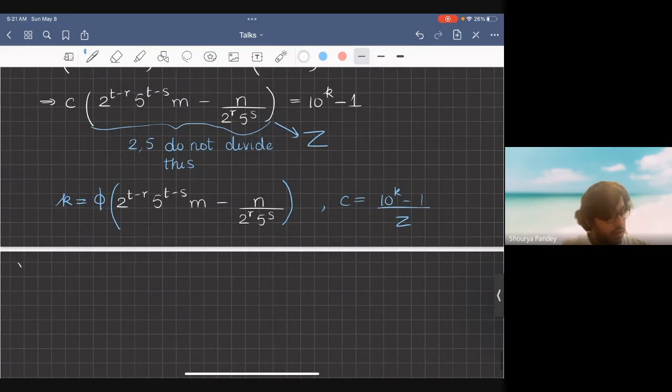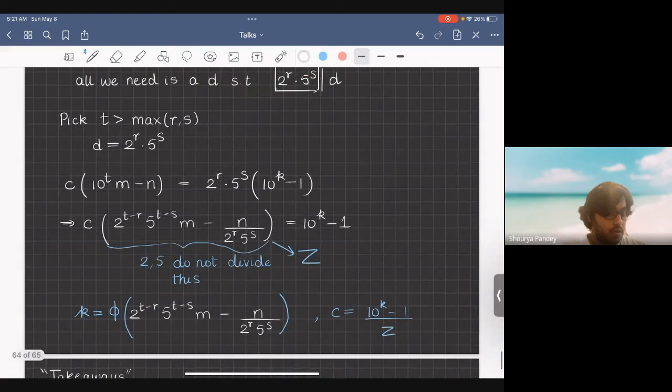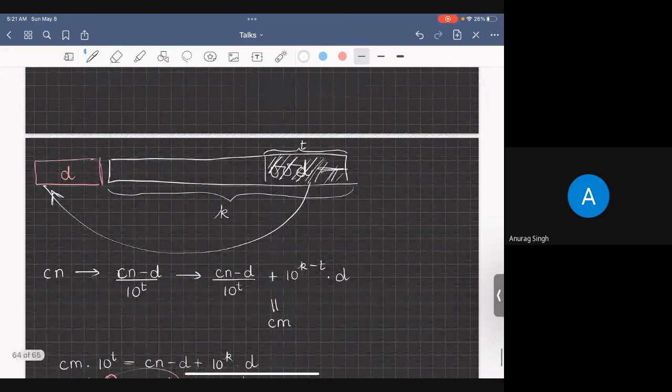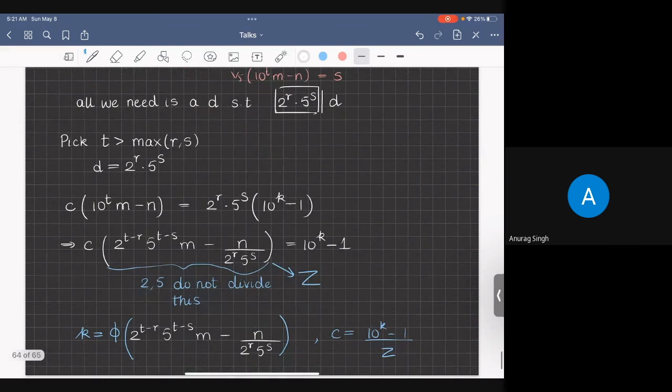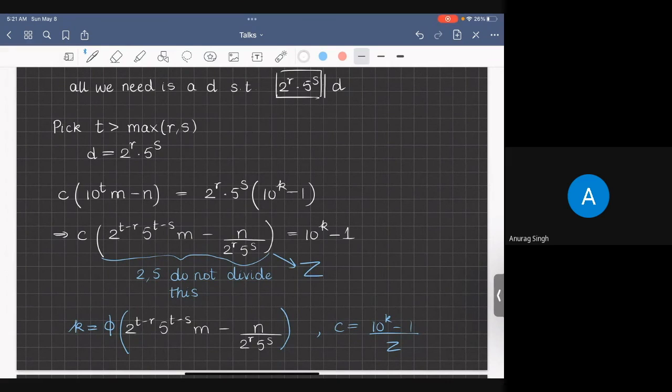We could take any chunk of D, and then we can also prove it for n where 2 and 5 do not divide n. In the first case, we took D as the last digit, but importantly, we can also prove it in this case. If 2 and 5 do not divide n, in the second case, when we are moving the chunk of D into the front, then we can easily prove we have 10 to the D minus 1 dividing 10 to the K minus 1, and D is independent.